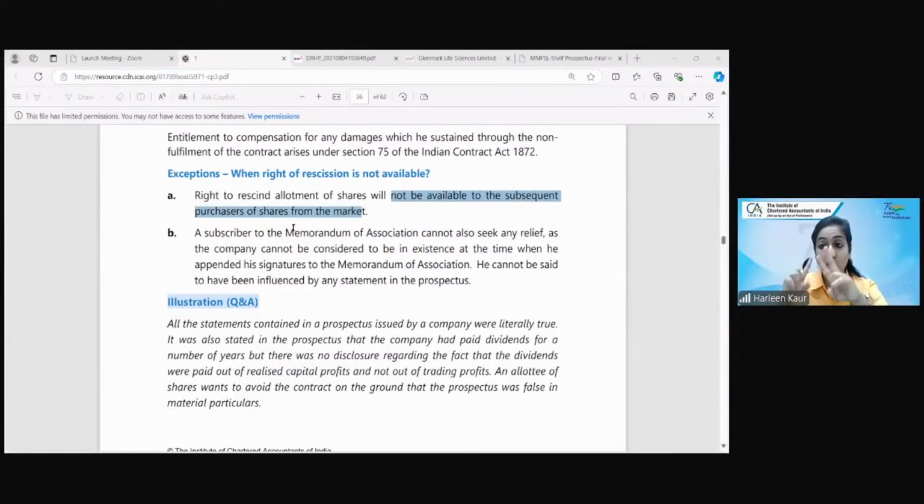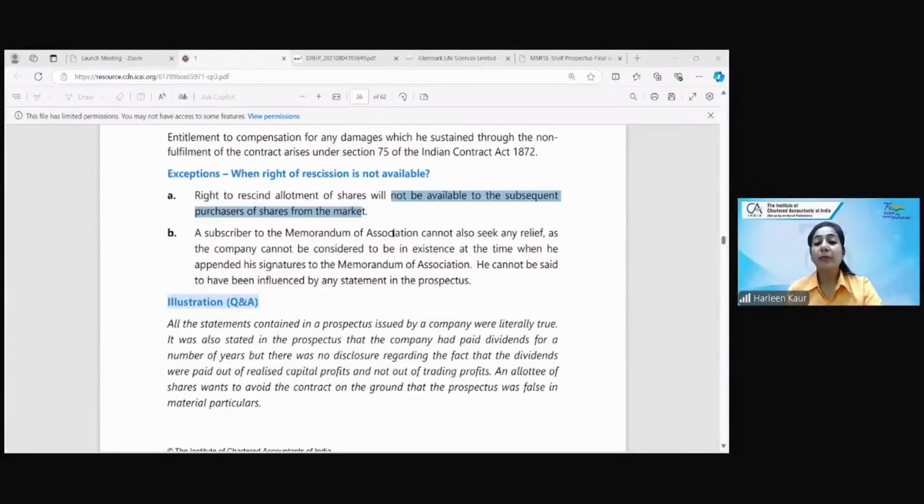But take two investors, X and Y. X was aware of the misstatement and did not buy the shares from the primary market. Y purchased the shares. If Y files a case, it is valid. But X is now purchasing from Y in the secondary market. If he later files a case that there is a misstatement, he cannot, because in case of a subsequent purchase from the stock exchange, this is not valid.